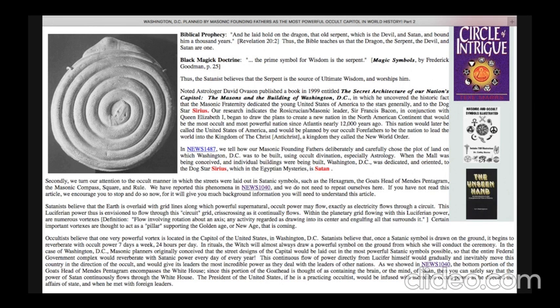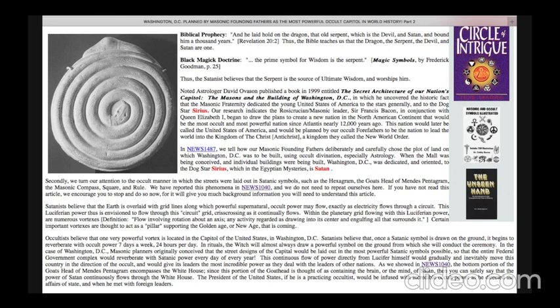Masonic leader Sir Francis Bacon, in conjunction with Queen Elizabeth I, began to draw the plans to create a new nation in the North American continent that would be the most occult and most powerful nation since Atlantis nearly 12,000 years ago.